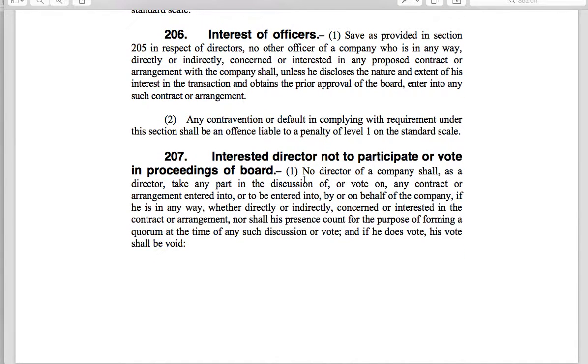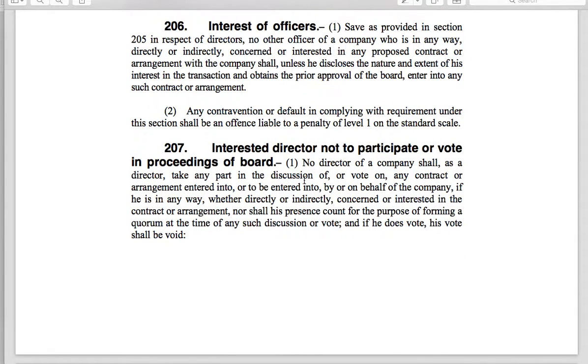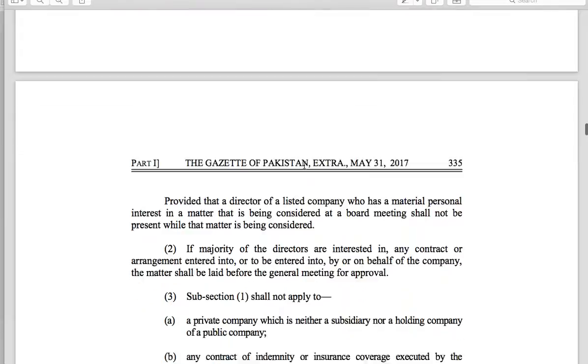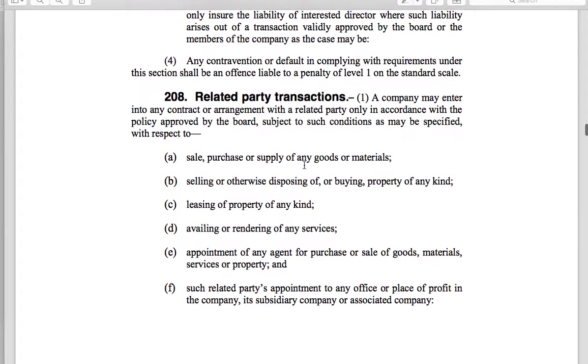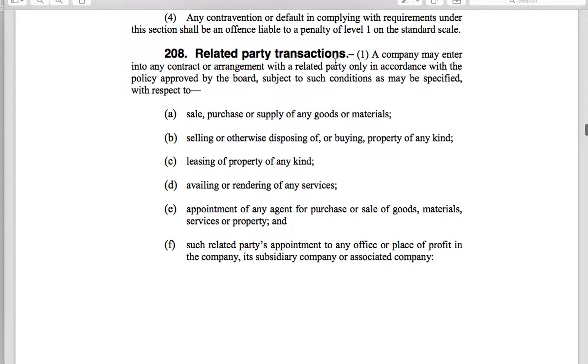Normally directors used to use their family members and show them as purchasers or sale agents, or do contracts with them to benefit. But now there is a bar on all of this because the directors have to disclose related party transactions.